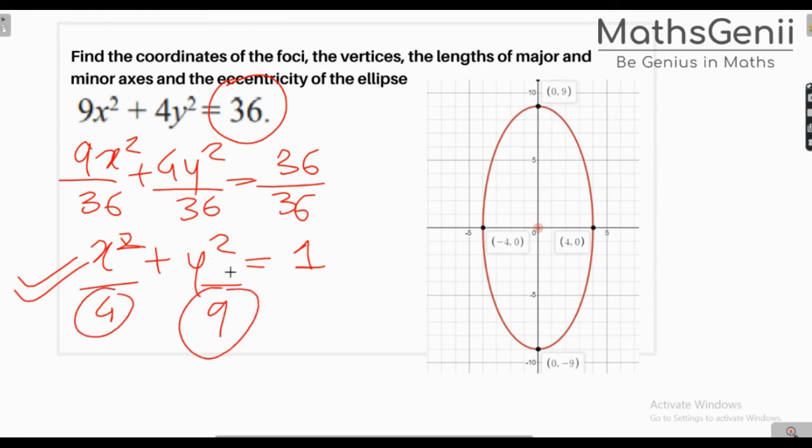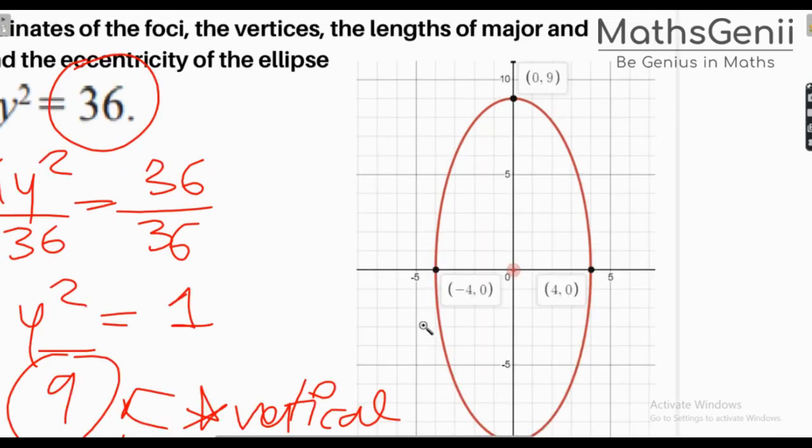So therefore I understood that this is a vertical ellipse. Why? Because the bigger denominator is for y. I have drawn the diagram here for you. So this is 4, this is 4, this is 9, this is 9.